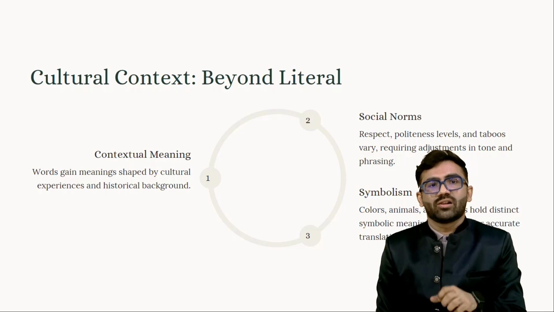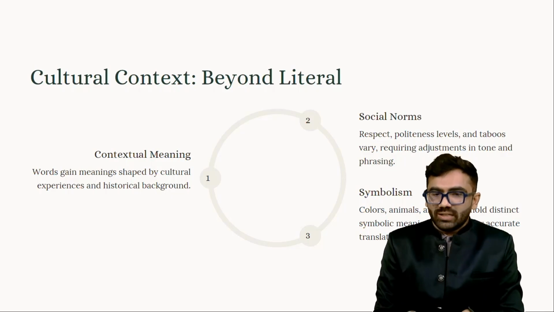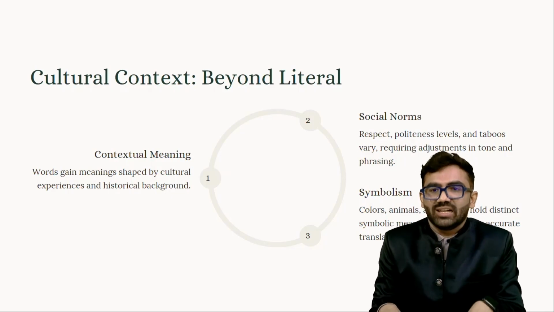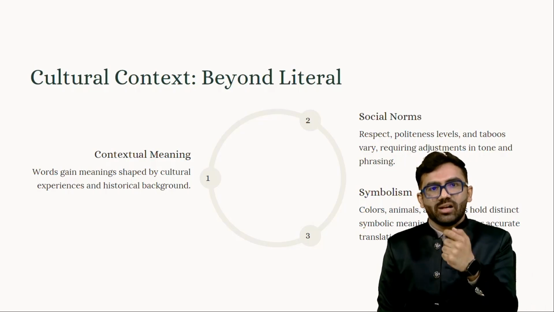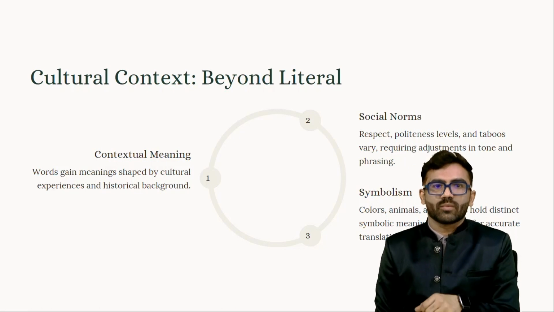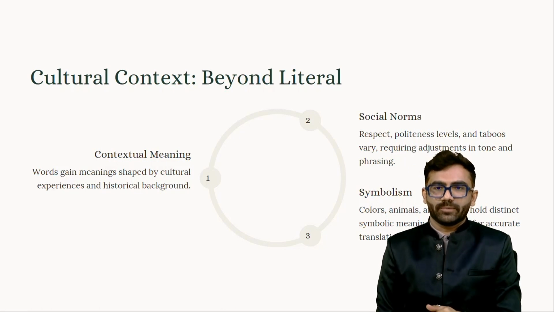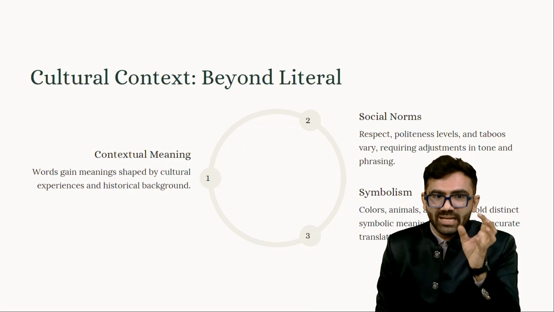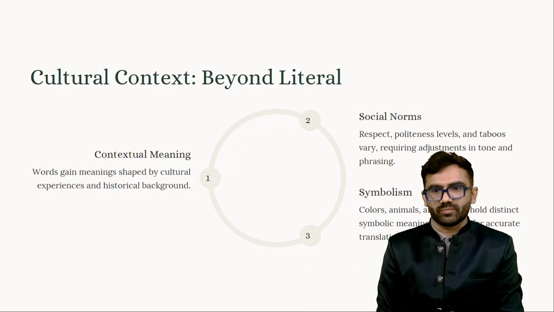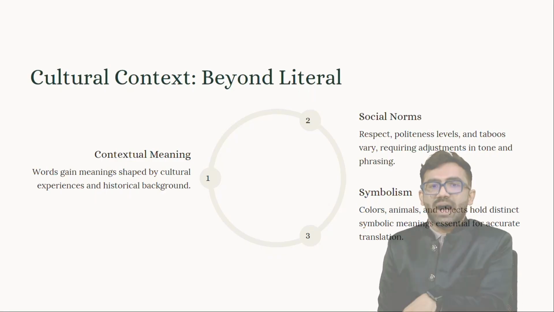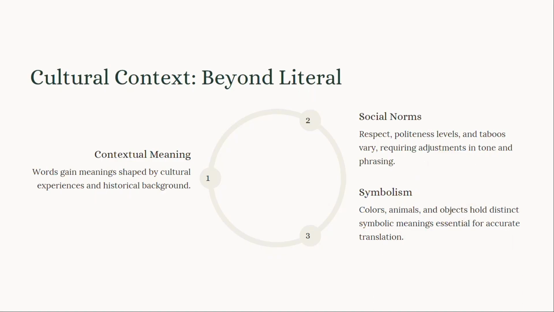Then comes cultural context. You don't have to literally translate everything. You have to go beyond words. Literal is word to word. For example, contextual meaning: words gain meanings shaped by cultural experiences and historical background. The moment I say Bharatiya Sanskruti, there is context within the word. The meaning lies in the context of the word.